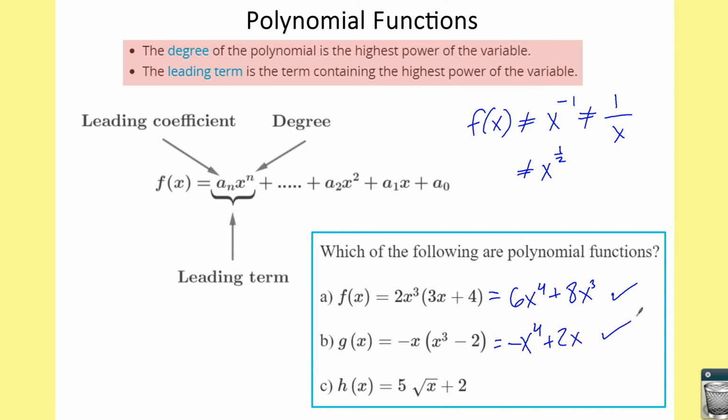That is a polynomial. But part C is not, because what's another way of writing the square root of x? That's just 5 times x to the 1/2 plus 2. So that is not a polynomial function. So only A and B.